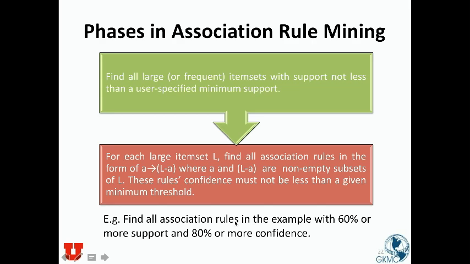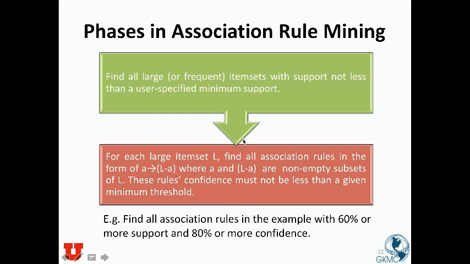So as an example, say we want our association rule to have a support level of 60% or higher, then the minimum threshold for support is 60%. But in addition, for association rules that X implies Y, we also want that there is 80% or more confidence given X that Y will happen.